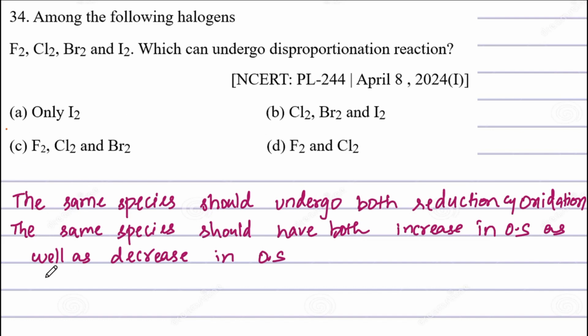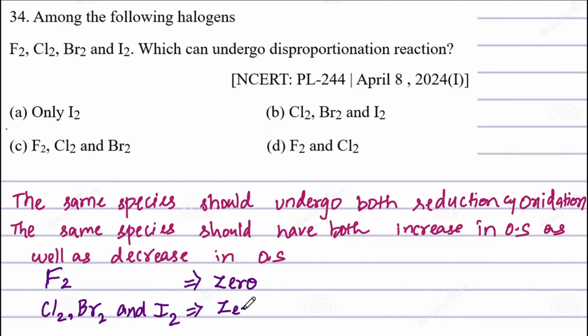Now let us see the options. So I will write F2 separately and the other three halogens Cl2, Br2 and I2 separately. The given species are present in their uncombined state, in their free form. So in their elemental state, all these species will have an oxidation state of 0.